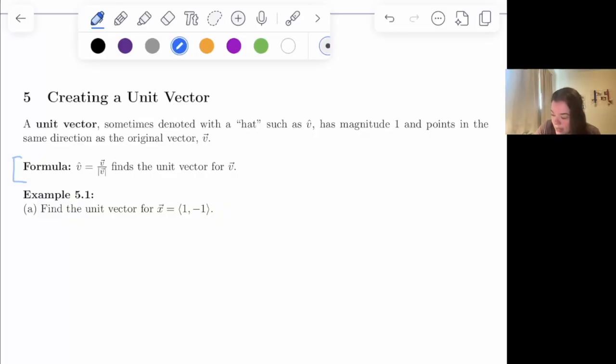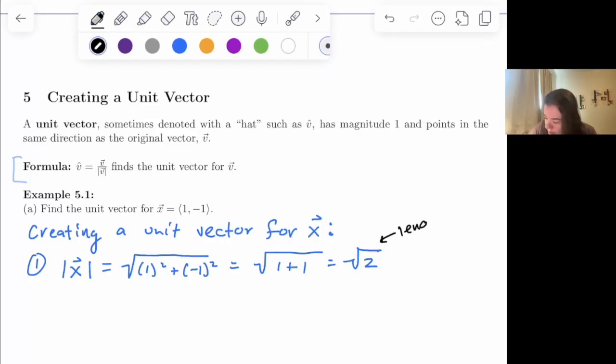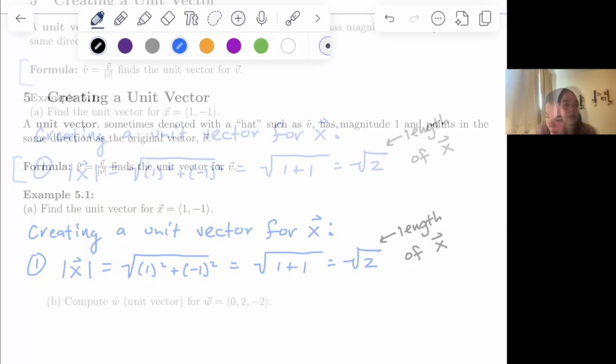We do this by taking each component squared, right? The Pythagorean theorem gives the magnitude. So this is the length right here. This number, square root of 2, is the length of vector x.